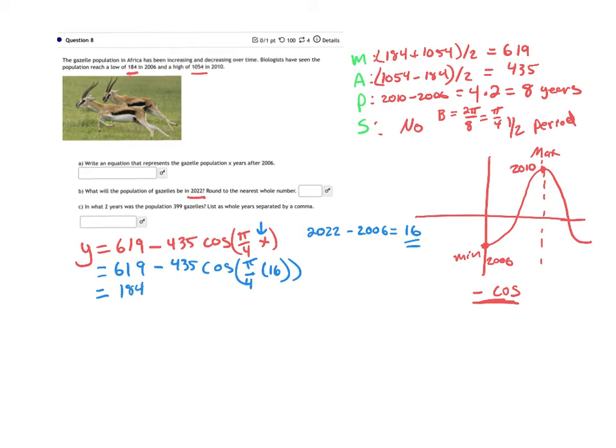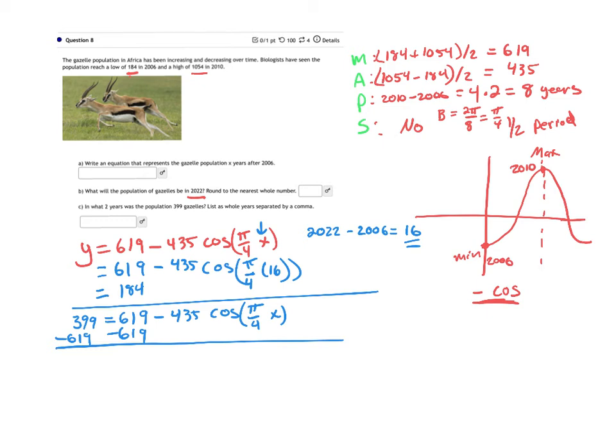Then the last thing, it says, in what 2 years was the population 399 gazelles? So that means that I have to put 399 in place of y and then solve for x. So I'm going to start by subtracting 619.